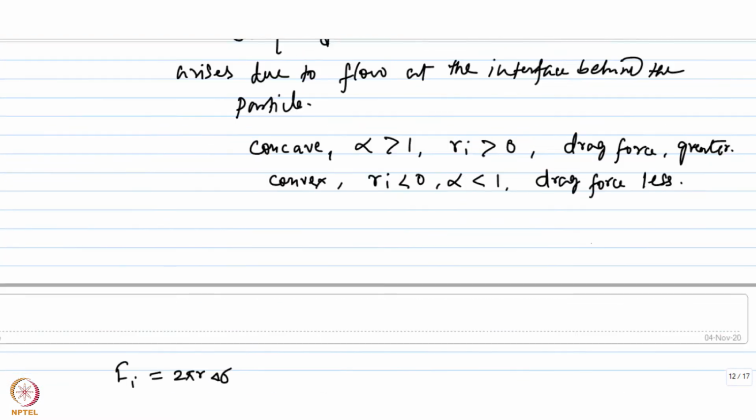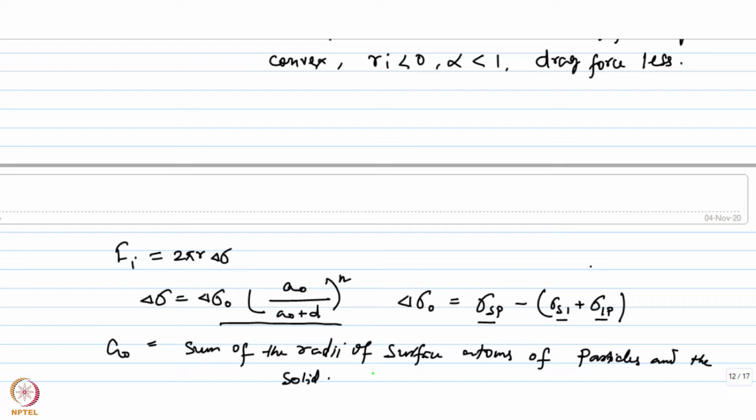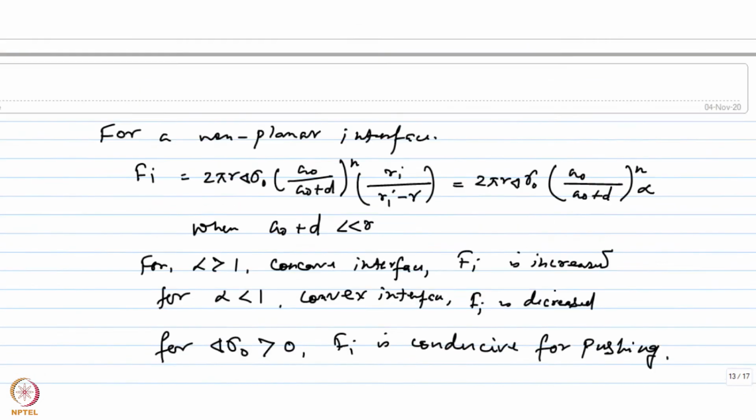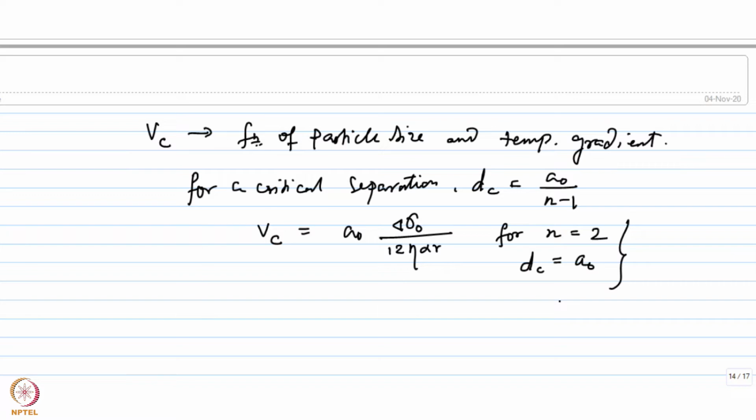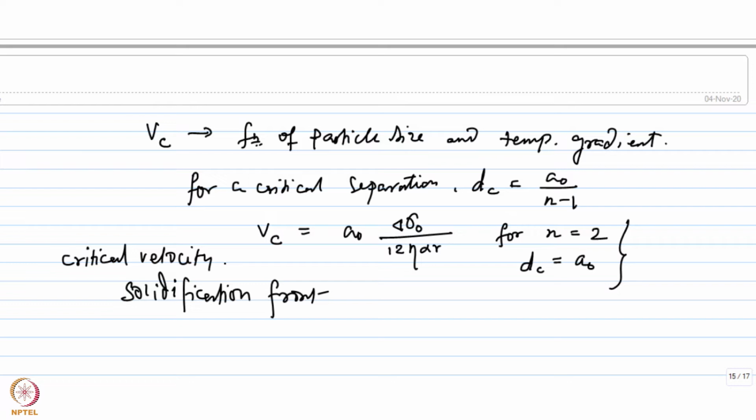It has been suggested that below the critical velocity of the solidification front, the particles will be pushed and therefore result in clustering, and only above the critical velocity can the particles be engulfed by the advancing interface, leading to a uniform distribution.